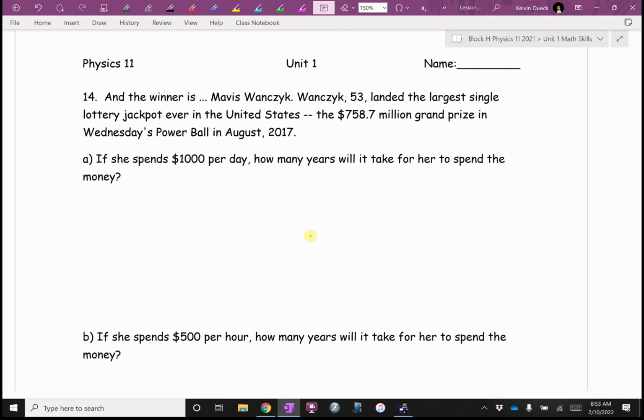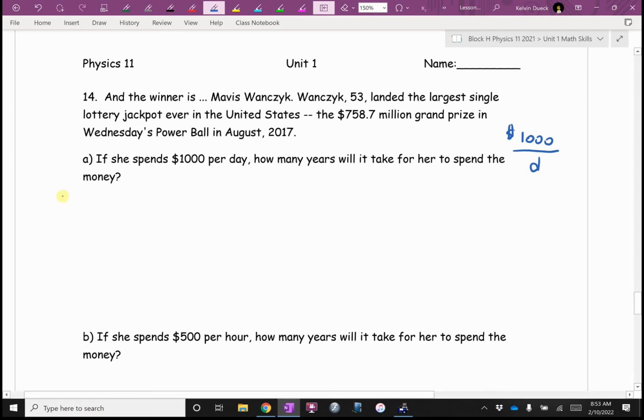Well, first thing I'm going to do, this $1,000 per day, I'm going to write it like this as a fraction that isn't slanty. $1,000 per day. Just jot that off in the margin somewhere. And then I can start off by writing down what they gave me. What did they give me?